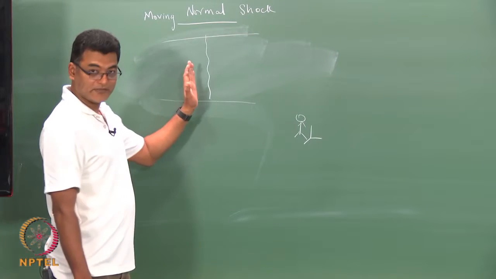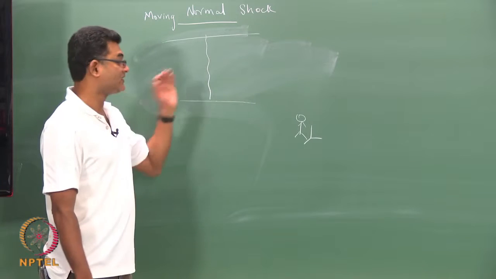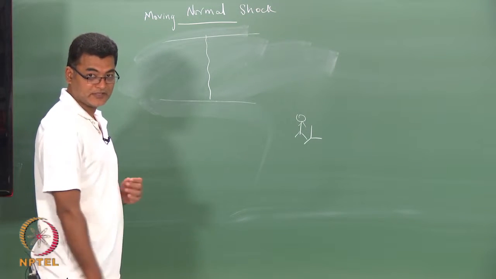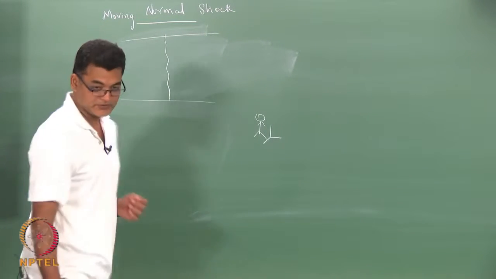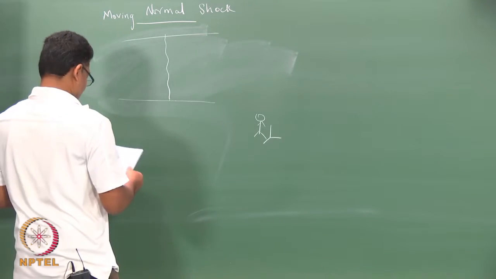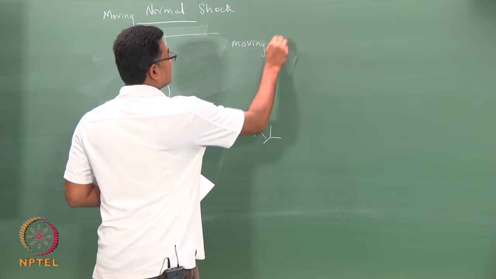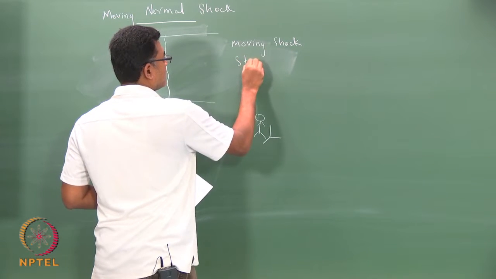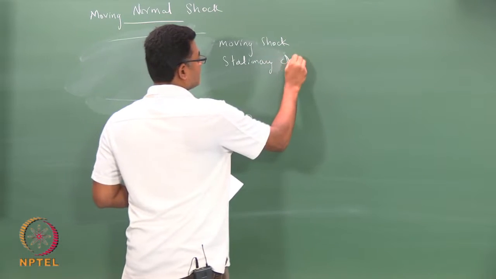Here the pressure wave is not infinitesimally small, but a finite pressure wave that is moving, which is a shock, unlike the sound velocity, which is an infinitesimally small pressure wave. So, I will use these notations: a moving shock and a stationary observer.